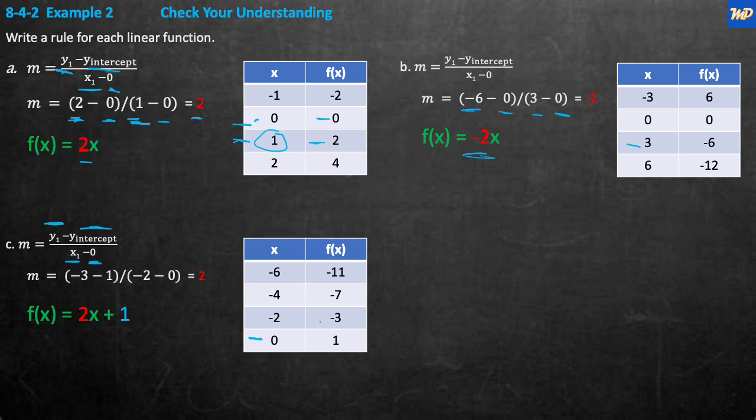So m is equal to minus 3, the y ending point, minus 1, the y starting point, divided by minus 2, the x ending point, minus 0, the x starting point, equals 2. Our function rule: f of x equals 2x plus 1.